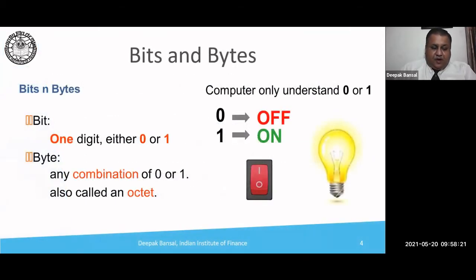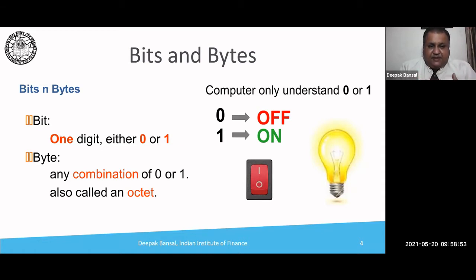Now, when you talk of bits and bytes, what is a bit? A bit is basically a single digit, which could be 0 or 1. A computer cannot understand our language. It cannot go by what we understand, what we speak, or what we write. Whatever we supply to the computer is converted into bits and bytes.